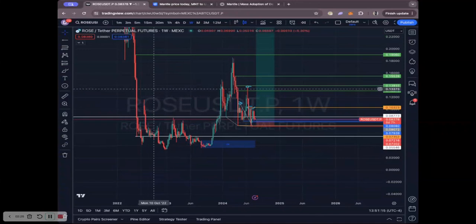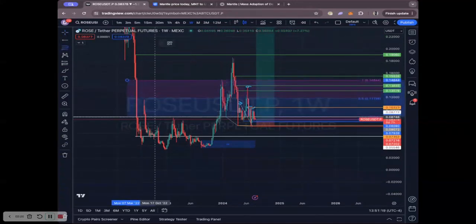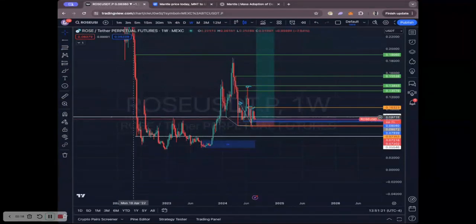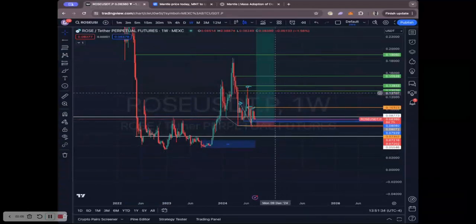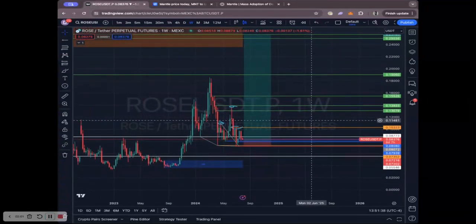We didn't have that one, so we only had one inversion. What about this one here? Let's see this weekly. Yeah, we're already breaking below it. But we are above the other one down here. We're above this weekly, I think still. Yes, we're above that weekly. So yeah, it's probably worth taking for a scalp on ROSE.